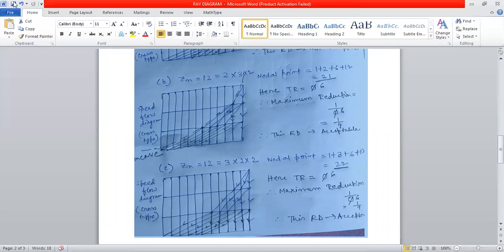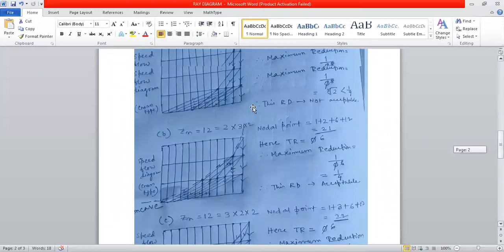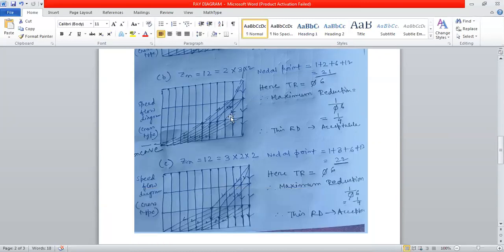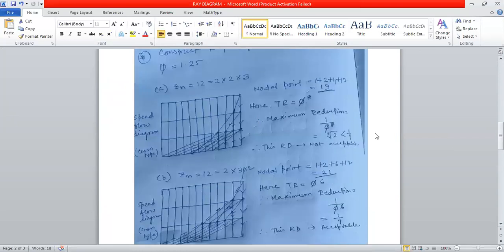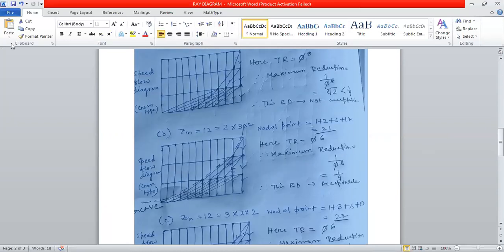Here we draw the 3 types of ray diagram where all of these are unilateral cross type. From these 3, we have to choose one ray diagram which is feasible.